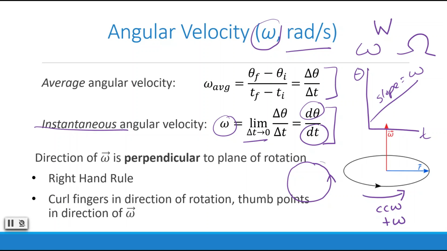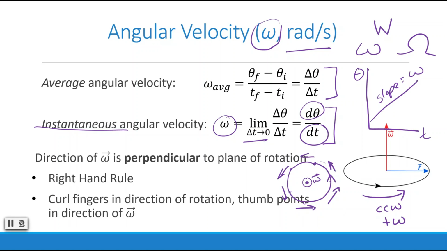And that's important because remember, linear velocity is constantly changing directions around the circle. As you move around that circle, linear velocity is not constant. But your thumb always points out of the page, which we could represent with a dot. So our angular velocity is always out of the page; no matter where I am in the circle, my thumb's always pointing out of the page. That is a constant angular velocity because it's always out of the page.